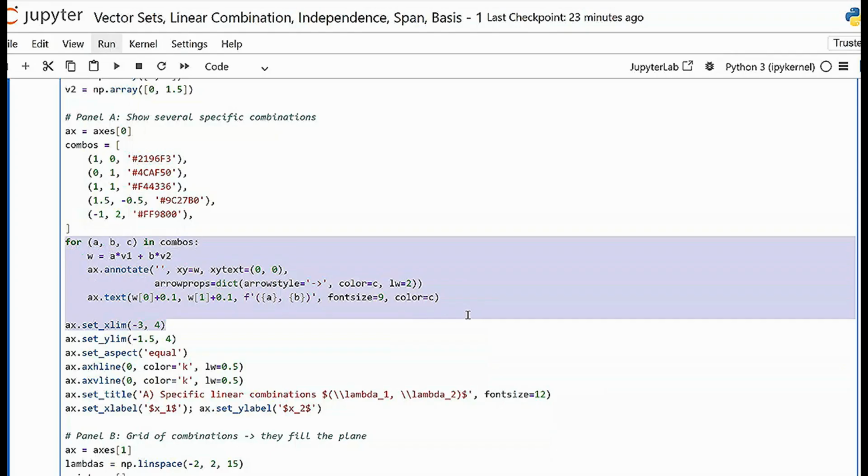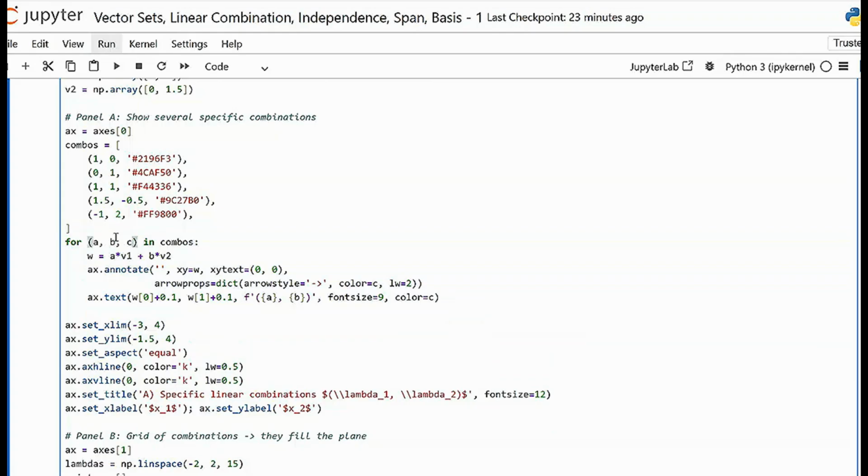Here we have A, B, C: A takes the weight of vector V1, B takes the weight of vector V2, and C is for the color. On computing, W is equal to A multiplied by V1 plus B multiplied by V2. Once done, we draw an arrow from the origin 0 comma 0 pointing to W.